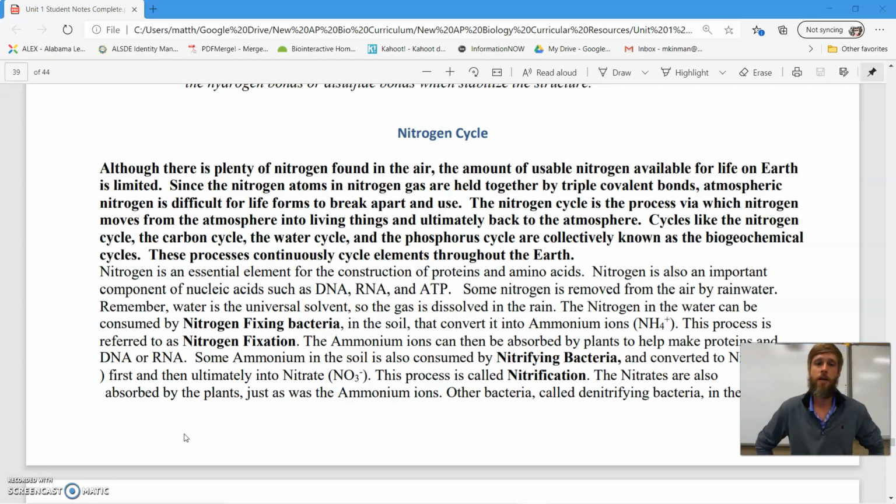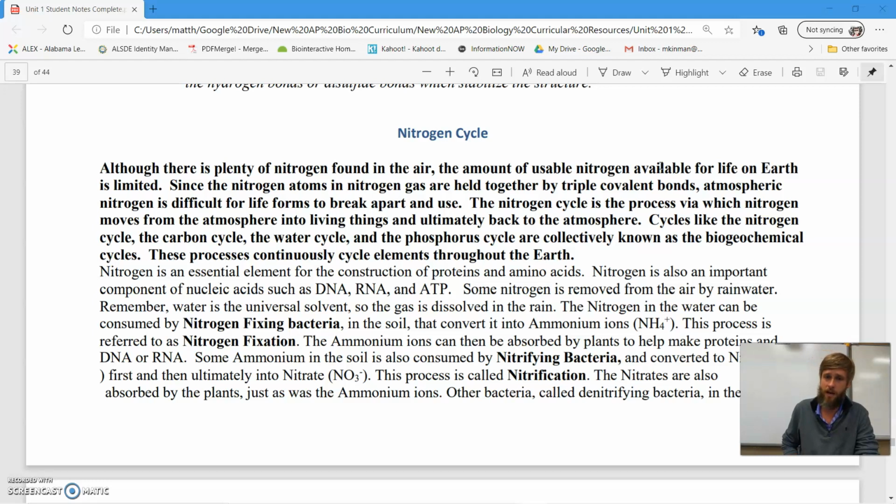So even though nitrogen is abundant in the atmosphere, as it says here, the amount of usable nitrogen for life on Earth is limited. Since nitrogen atoms in nitrogen gas are held together by triple covalent bonds, so that is 3 strong bonds, atmospheric nitrogen is difficult for life forms to break apart and use.